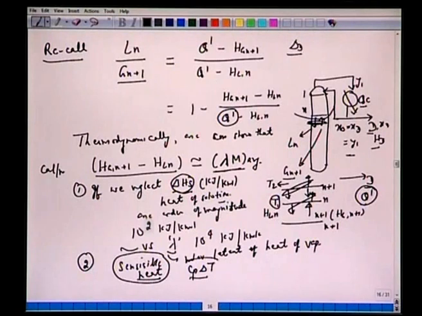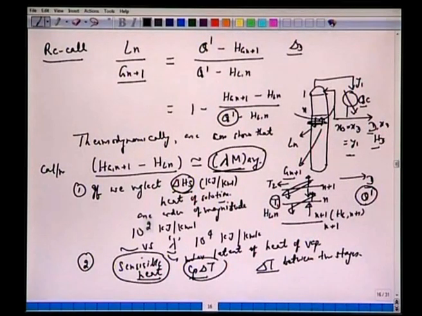If we neglect the temperature drop del T between two consecutive stages, we can neglect these two quantities in calculating Hgn plus 1 minus HLn, to show that we have a quantity lambda M which can be considered more or less constant.